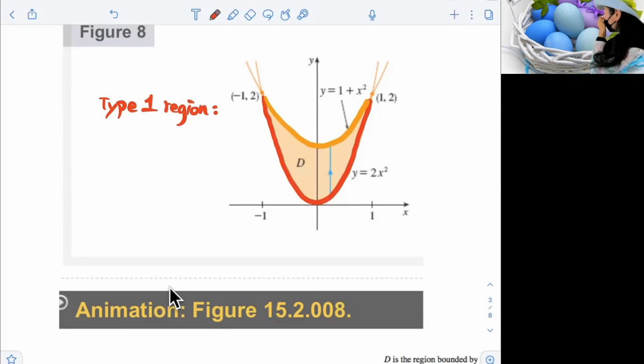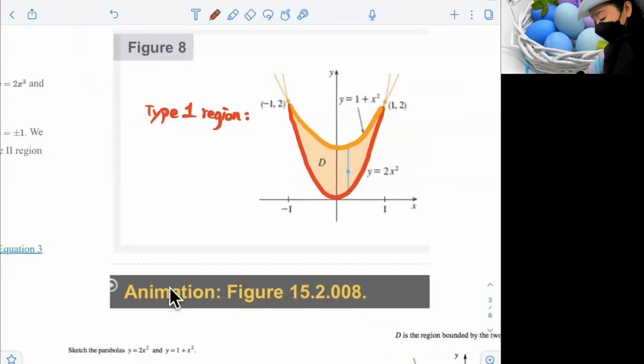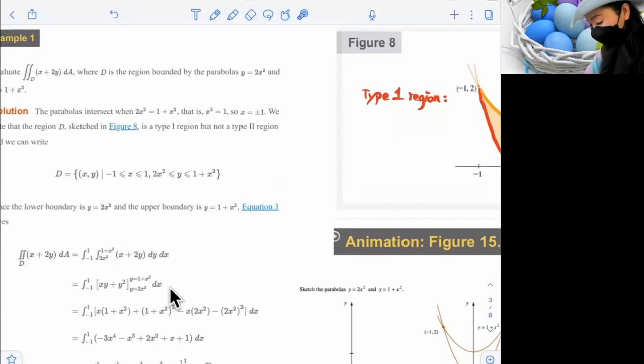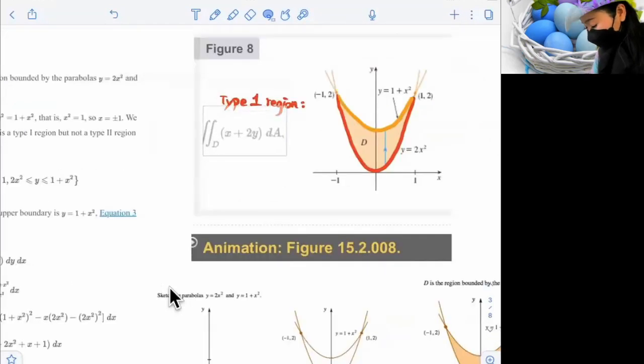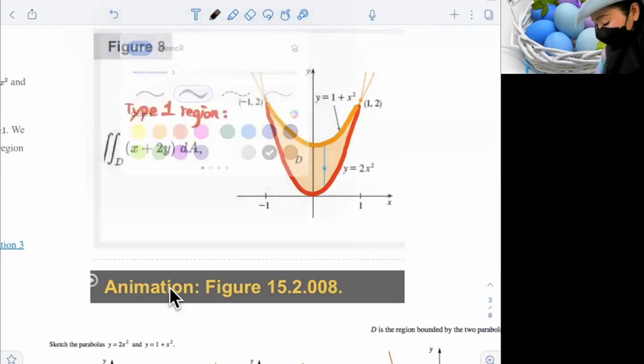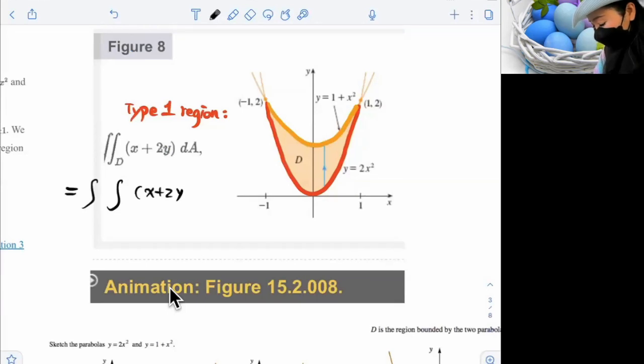If it's a type 1 region, then we can set up this double integral. And how do we do this? Without looking at the book, let's do this together. When you have this double integral, this function over this region D, that's equal to this double integral, and it's the same function, x plus 2y. dx first or dy first? dy first, yes, and then later on dx.